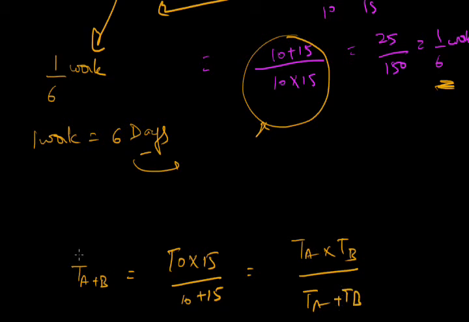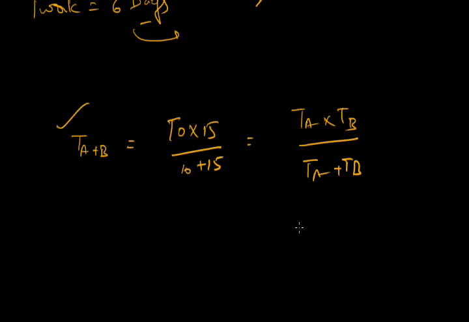So this is the shortcut way to solve the problems. If we have two persons working together, half of the harmonic mean, TA times TB upon TA plus TB, gives the time to do the work together. So we can solve the problem by this method. This is the first way.